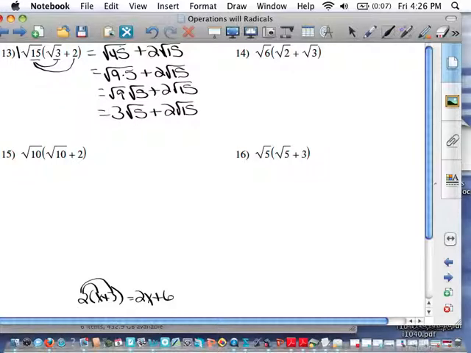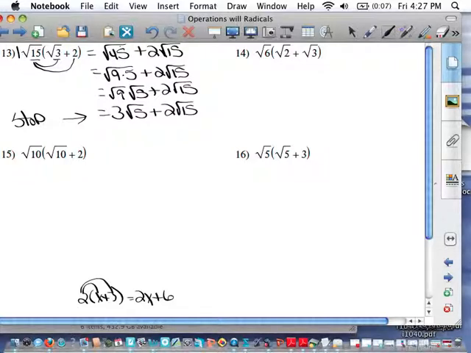And you should stop right here. You cannot add those radicals together because the radicands are not the same. In order to add two radicals together, the radicands must be the same. These cannot be made to be the same, so stop right here.